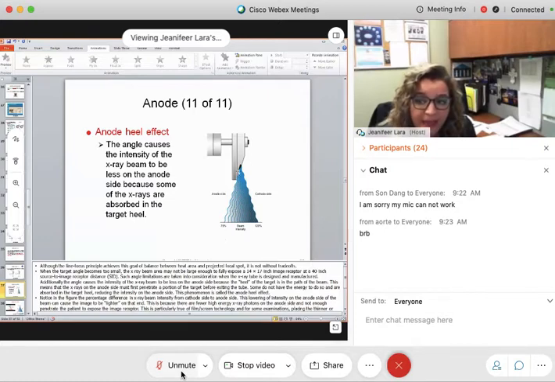So our beam is less intense on the anode side than on the cathode side. There are fewer X-rays on the anode side because they're being absorbed by the heel of the disc.